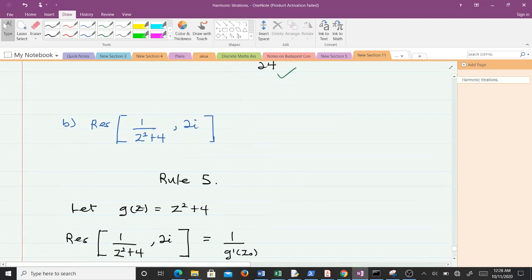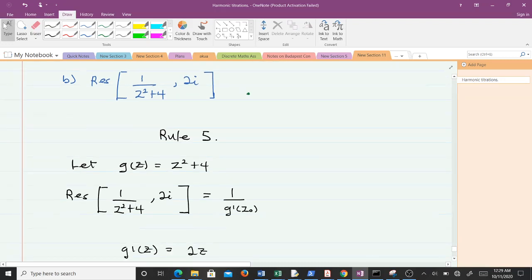Then with the second question, we have 1 over z squared plus 4 at 2i. So you can see that with this you can use rule 5. Okay, so with rule 5, you just have to differentiate the denominator and put in your z0.